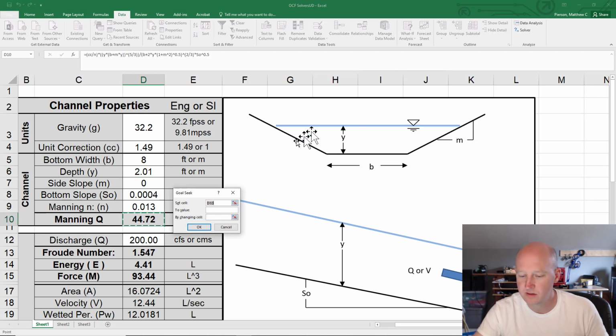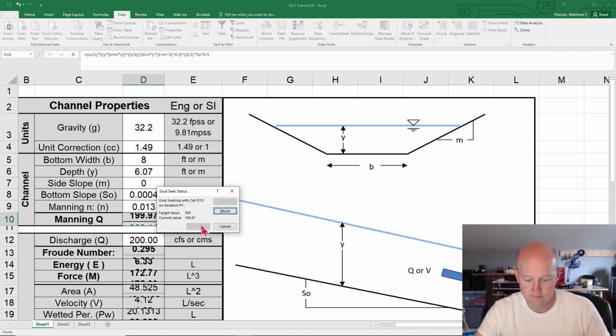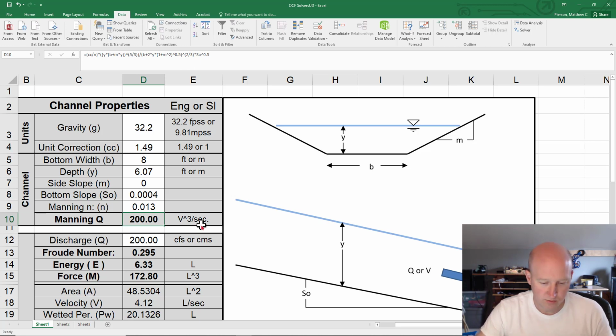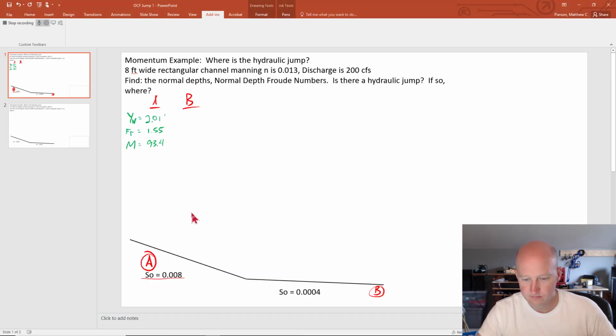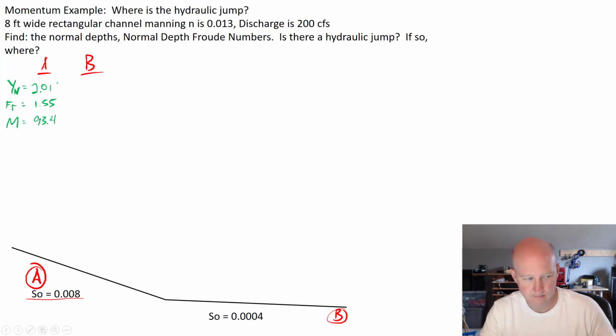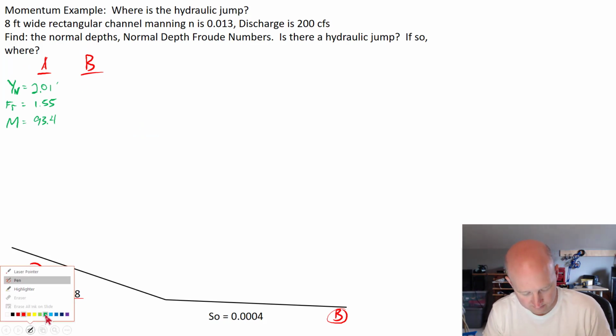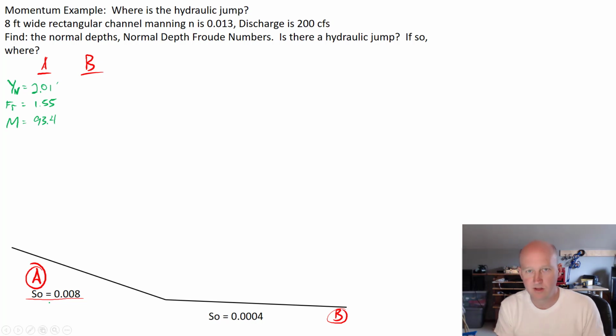We're going to goal seek again. .07, and the Froude number is less than 1, so let's call it 0.3. And the specific force is 172. So let's write that down. If we had a really long section of channel with this mild slope, this is what the depth of the water would be.